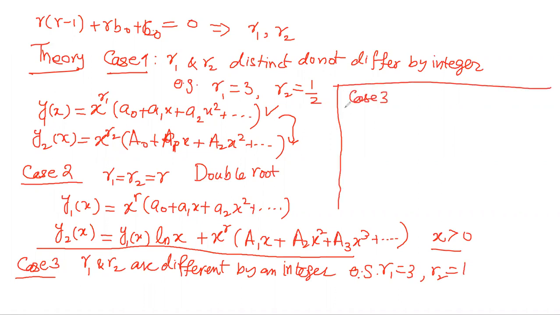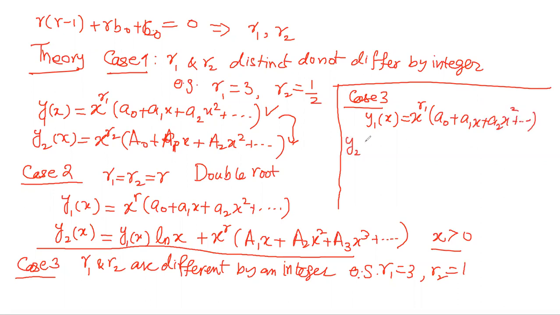Case 3. The two solutions will be: y1 of x will be equal to the same as before, x power r1 into a naught plus a1 x plus a2 x square and so on.